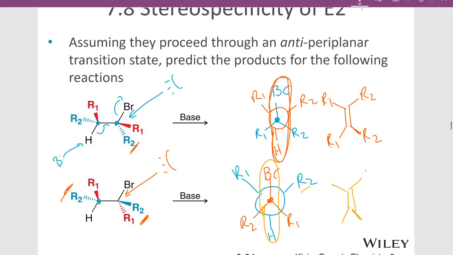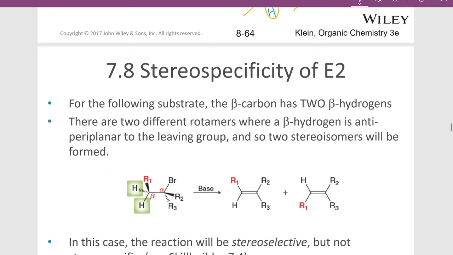The R2 is on the upper right, R1 is on the lower right, R1 on the upper left, R2 on the lower left. All right, and so we end up with a different configuration for the product, because we started out with a different stereoisomer.